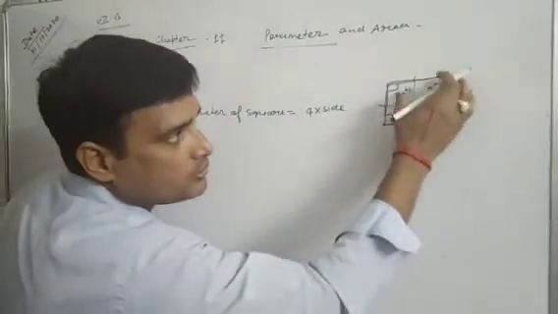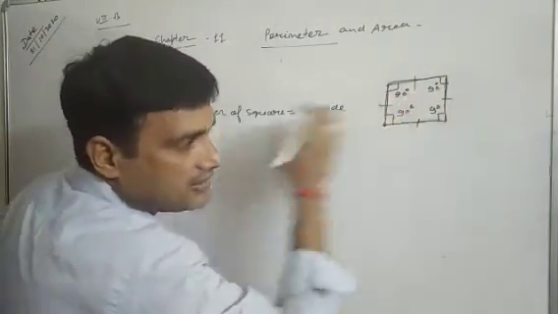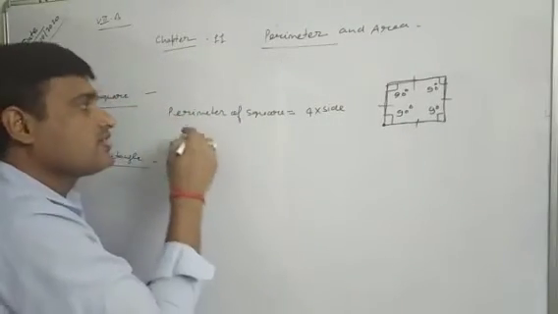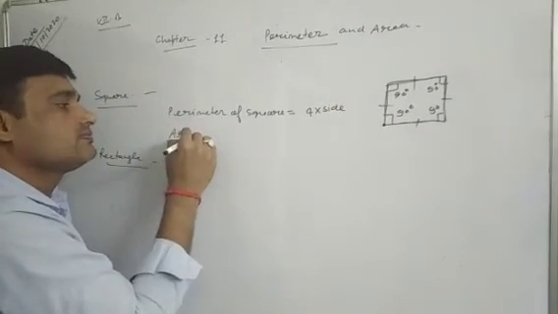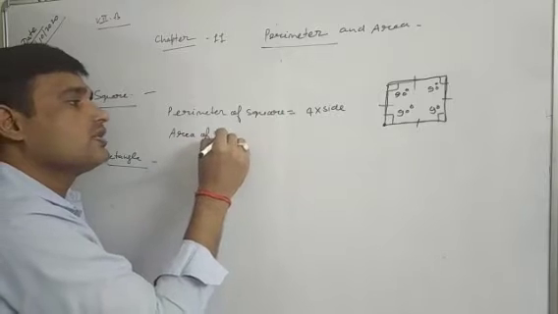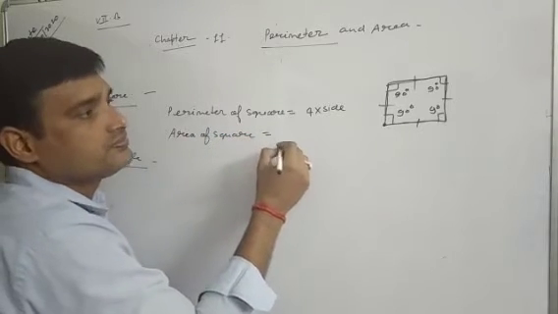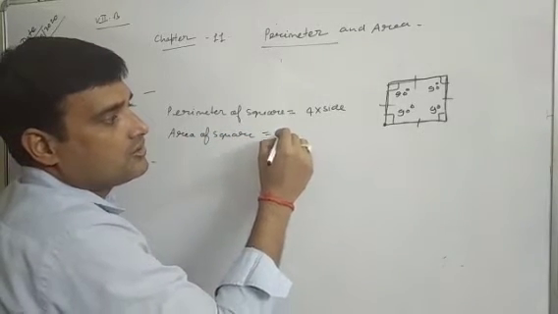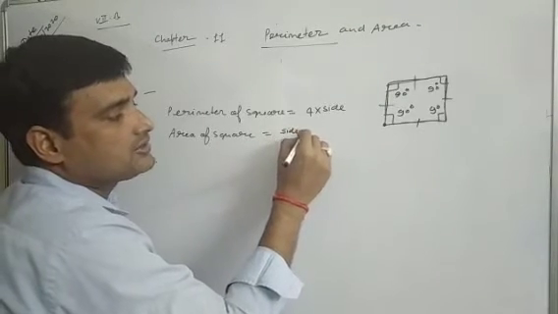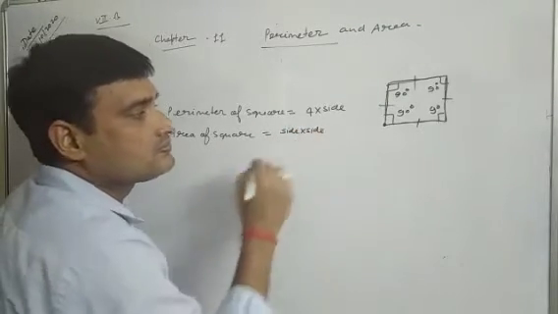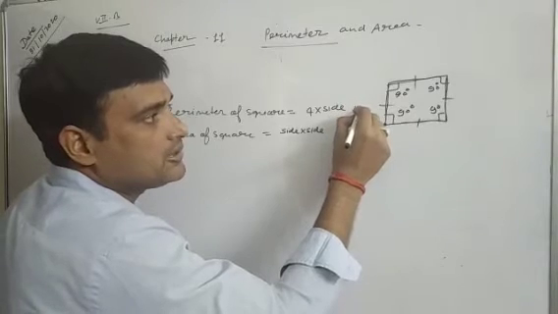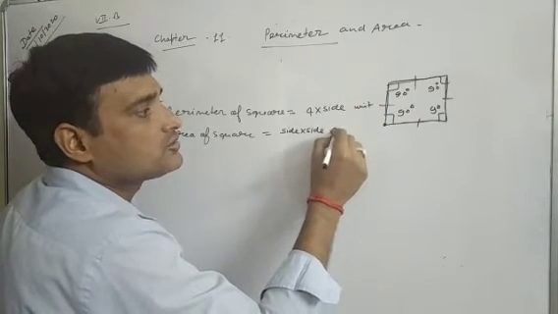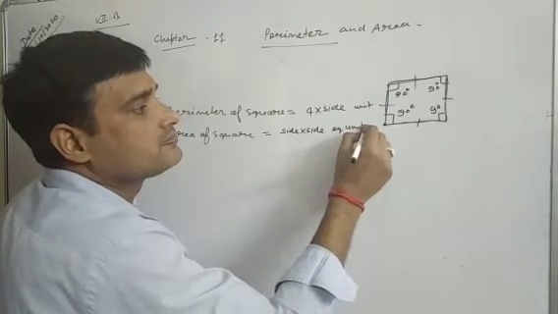Now the plane enclosed by this figure is called its area. Now area of square is equal to side into side. Okay, unit is square unit.